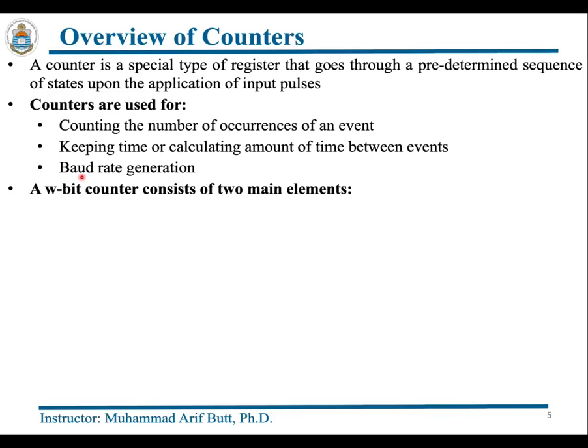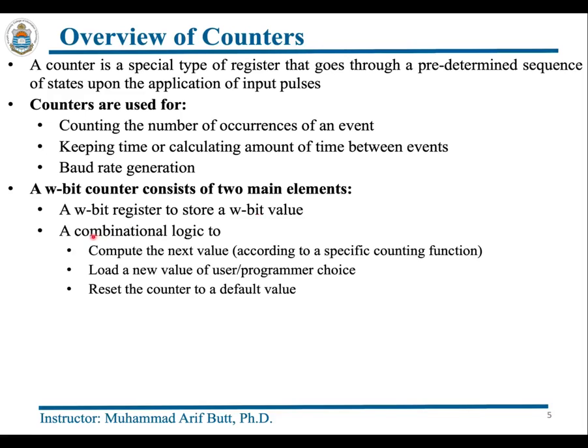Well, a W-bit counter, by W-bit I mean 16-bit or 32-bit or 64-bit. So a W-bit counter consists of two main elements. The first is a W-bit register to store the W-bit value, and then a combinational logic that is used to compute the next value according to a specific counting function.